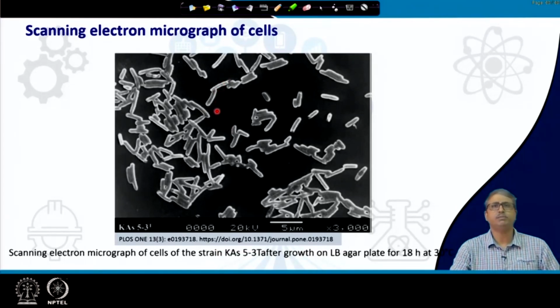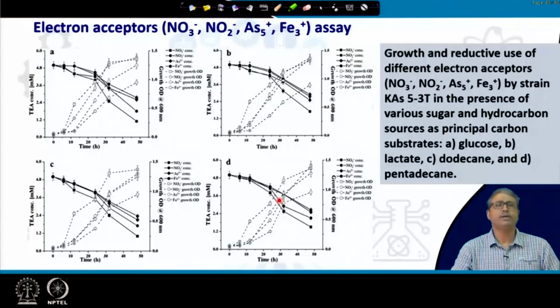These are mostly bacillus type or rod shaped structures, and the cell length, etc., can be seen very clearly. And then finally the metabolic performance of the cells with respect to different electron acceptors like nitrate, nitrite, arsenate and Fe3+. We can see how the electron acceptors are utilized and how the cells have grown with respect to these.